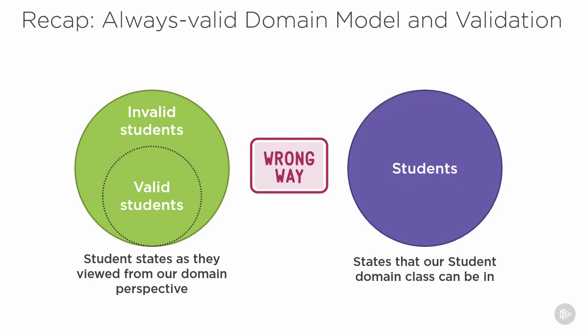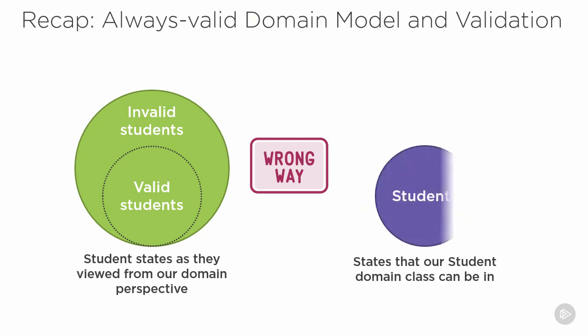This is the same issue as using strings to model the concept of email address. The set of strings is larger than the set of emails, and therefore isn't suitable for that task. To fix this issue, we need to shrink the set of states our student domain class can be in down to only valid student states.